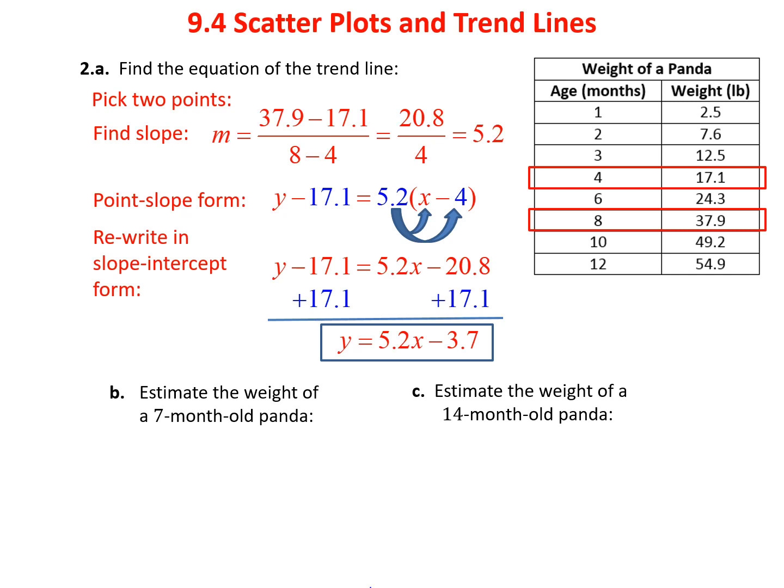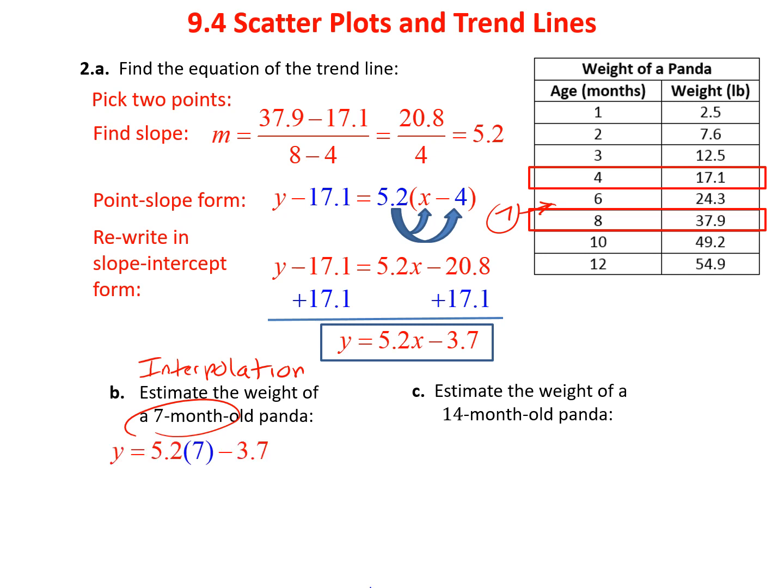One of the predictions we can make, this first one, is something we call interpolation. The reason it's called interpolation is because we're trying to find out 7 months, which is in the middle of our data. So we're just trying to make an estimate of something in the middle of our data already.